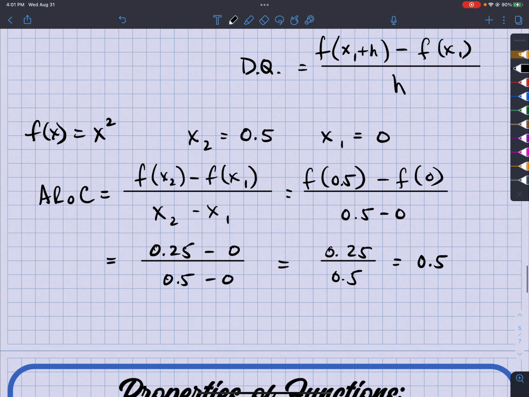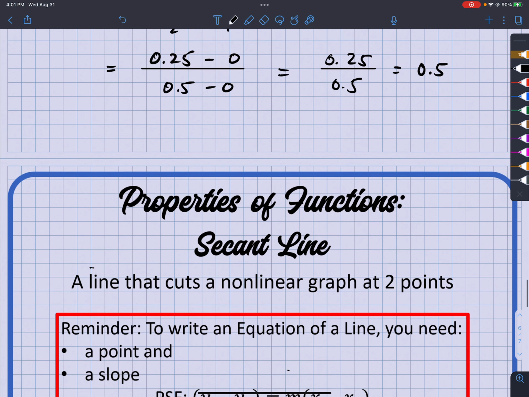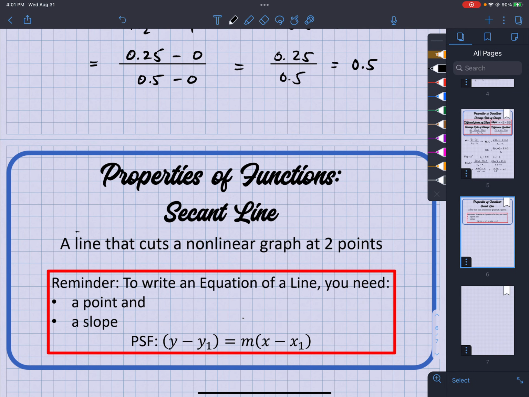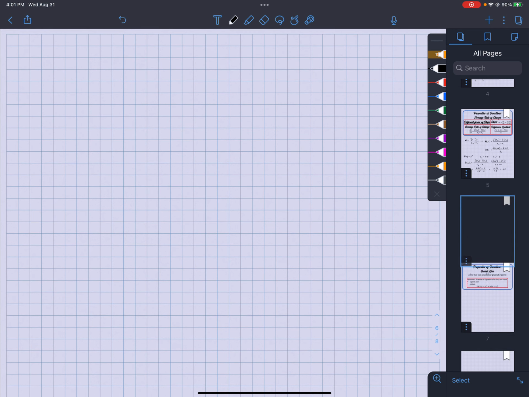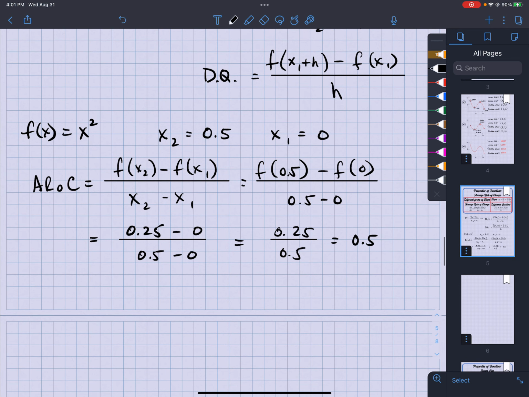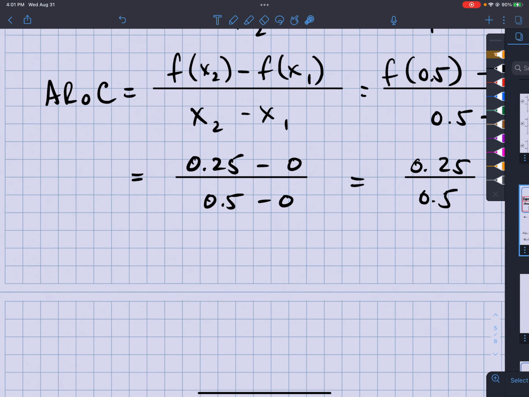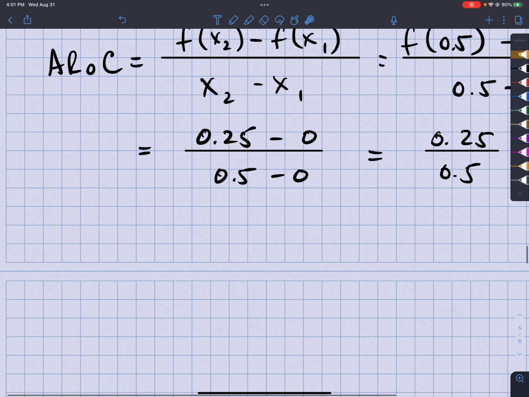So let's take a look at what this is actually doing, okay? So I know how to graph this right here. So let's go ahead and graph that.